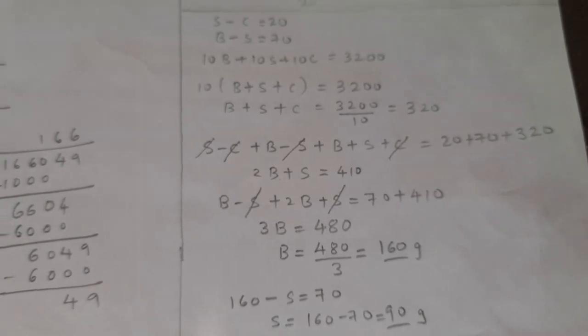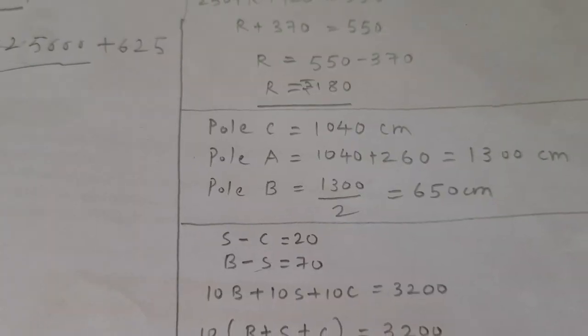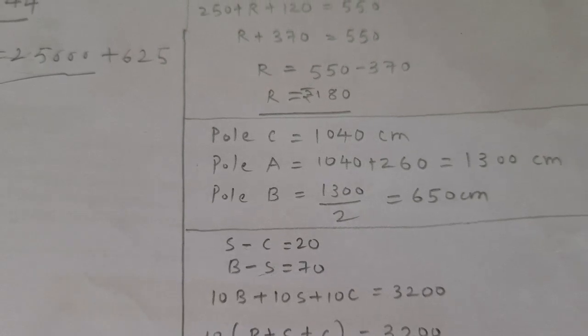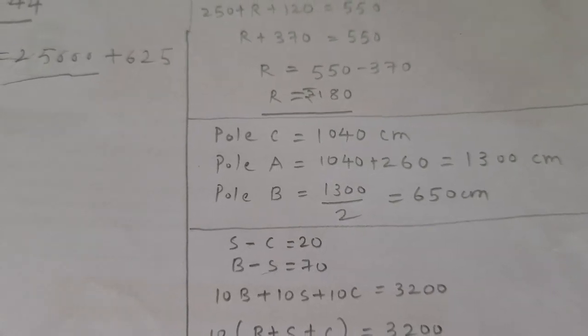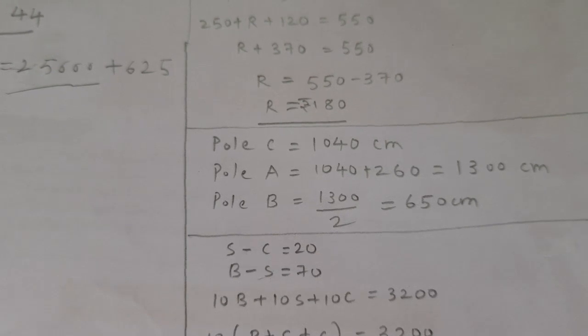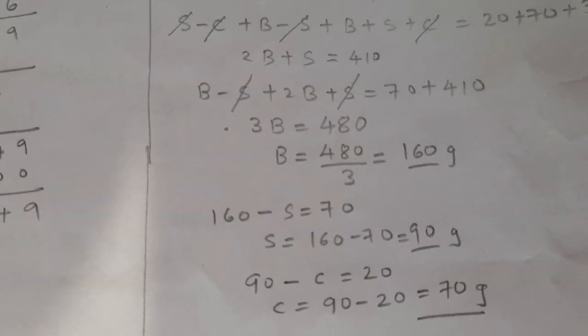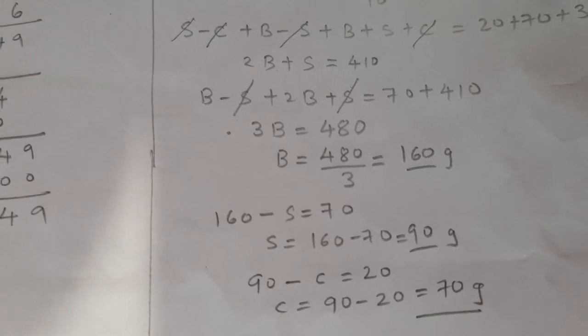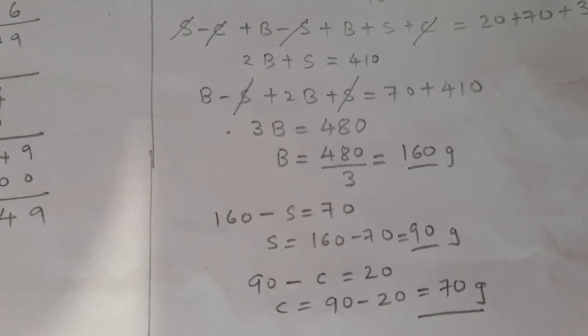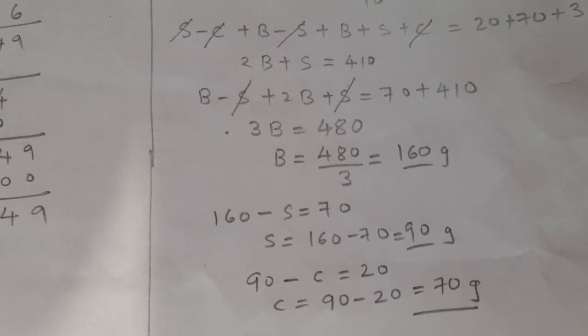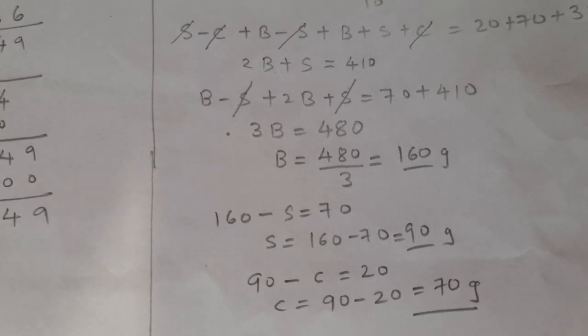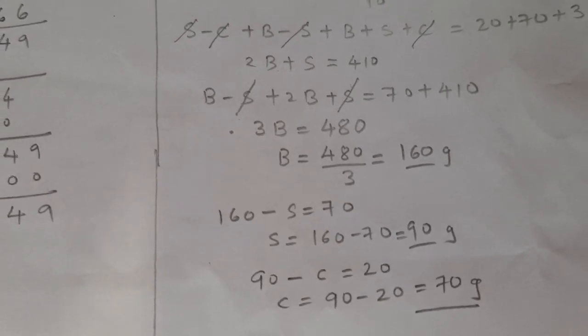So let us use the first equation. If you look at the first equation, it is small cube minus cylinder equal to 20. So I can use this equation to find value of cylinder, isn't it? So let's do that. Using the first equation, small cube minus cylinder equal to 20, I get 90 minus c equal to 20. Then c becomes 90 minus 20, which is 70 grams.